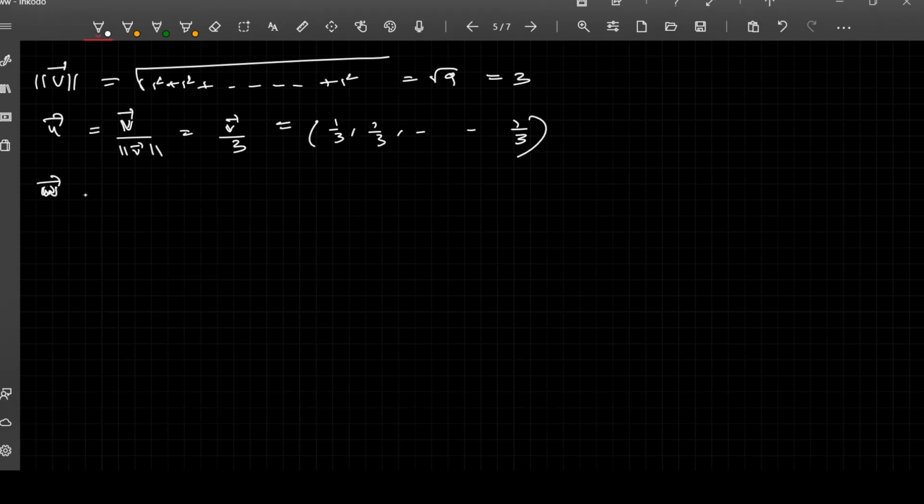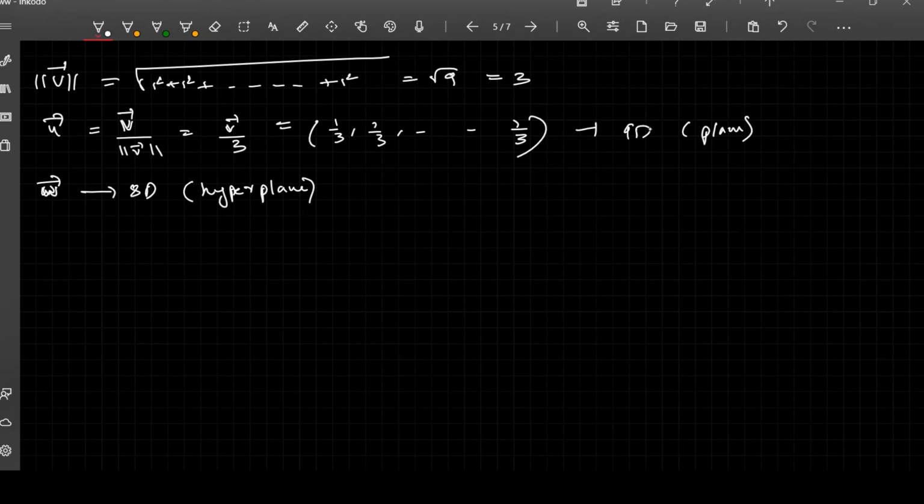Which is in 8D. So we must understand that this is a 9D space, and we need to find an 8D one. If we consider this as a plane, then this would be a hyperplane. A hyperplane has one dimension less, so the dimension is subtracted by 1.